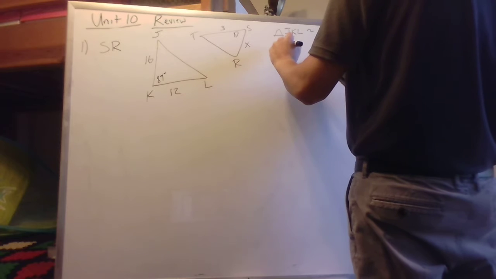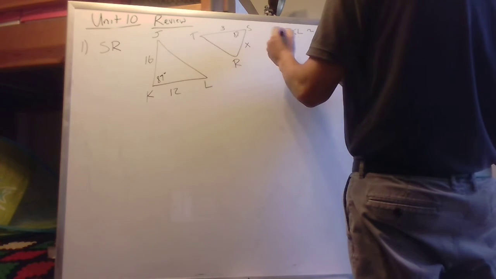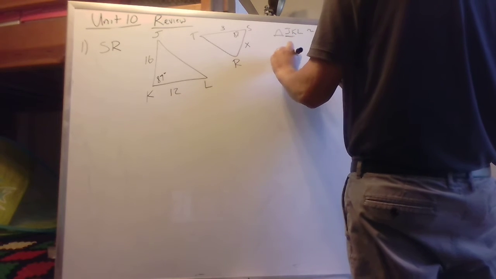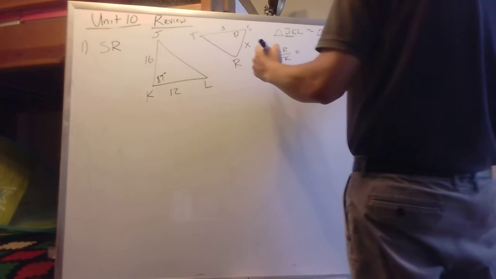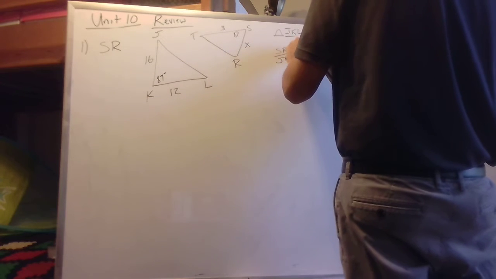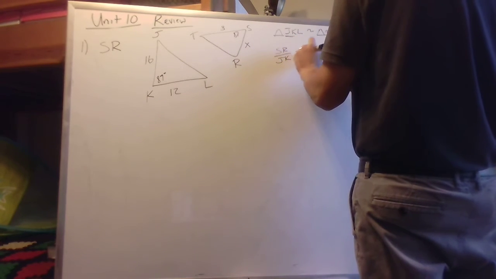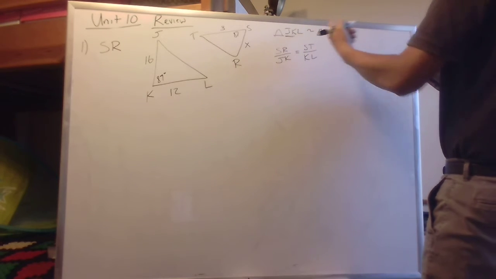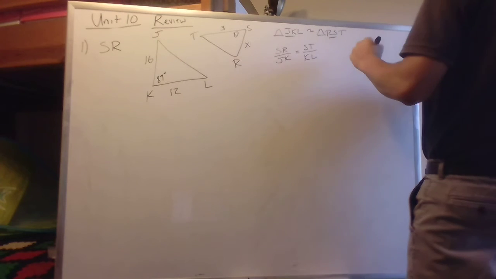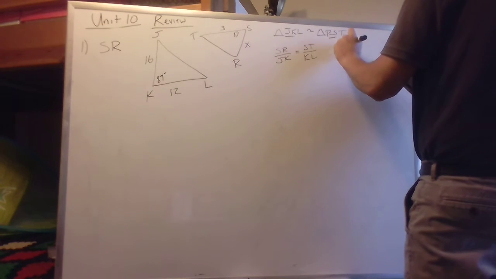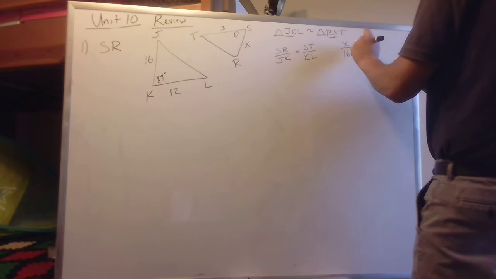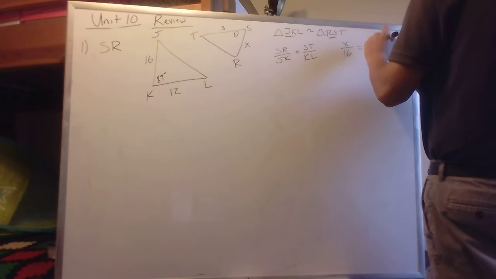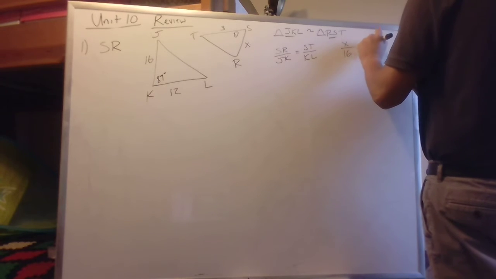So we're going to do a proportion. We're just going to go basically SR over JK is equal to ST over KL. And we know that because ST and KL are the last two letters in this triangle. So we're going to have X over KL's side, which is 16, equals 3 over 12.